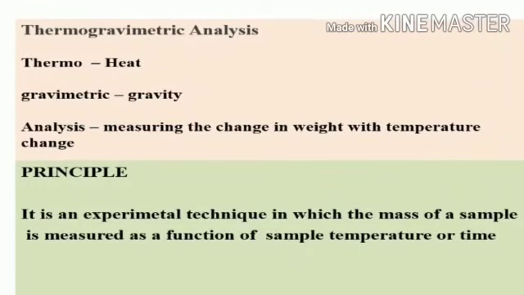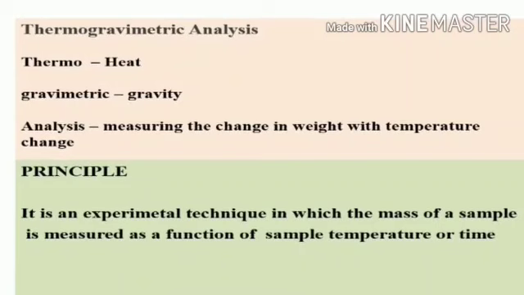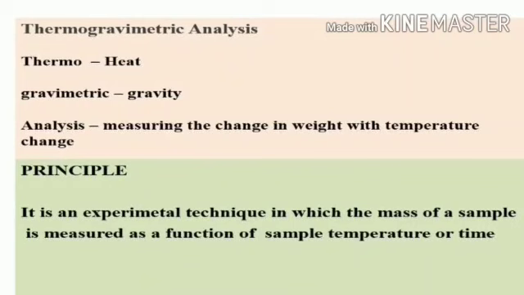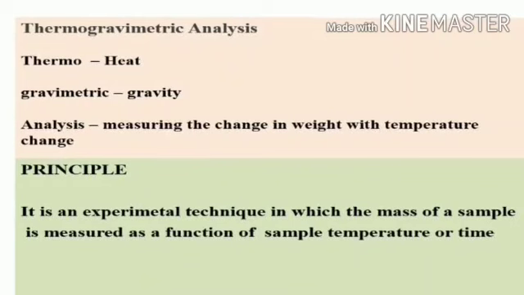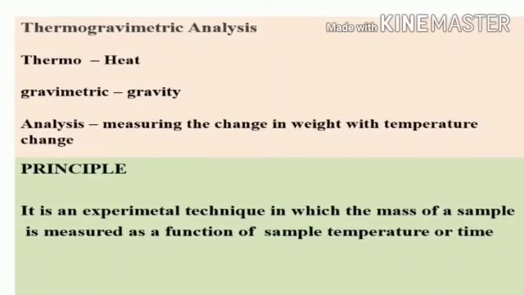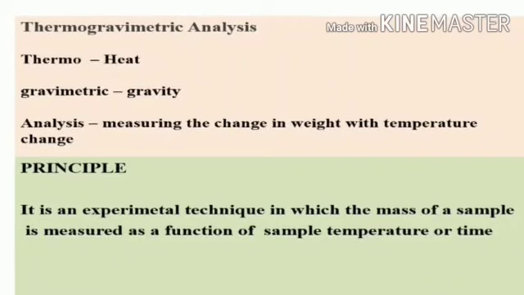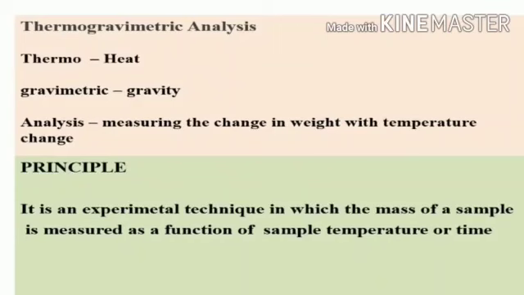Thermogravimetric analysis. The word thermo refers to heat. Gravimetric refers to gravity. Analysis refers to measuring the change in weight with temperature change. It is an experimental technique in which the mass of a sample is measured as a function of sample temperature or time.